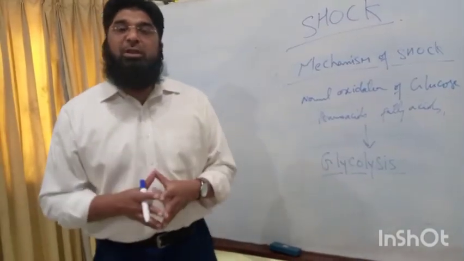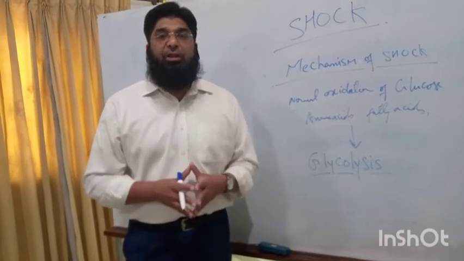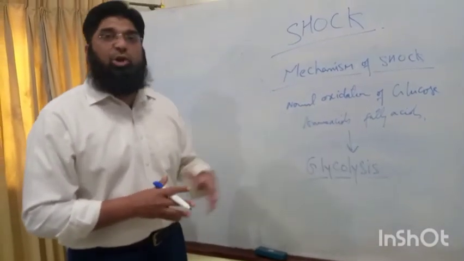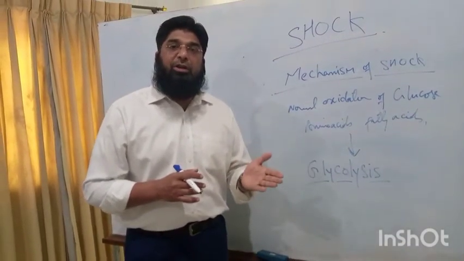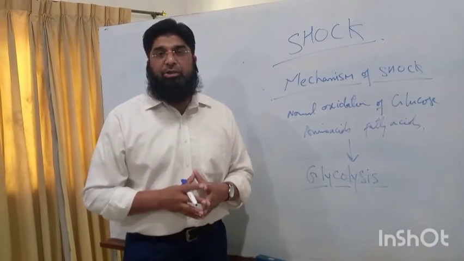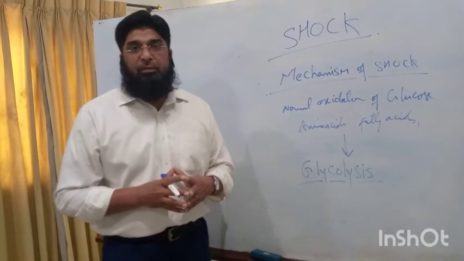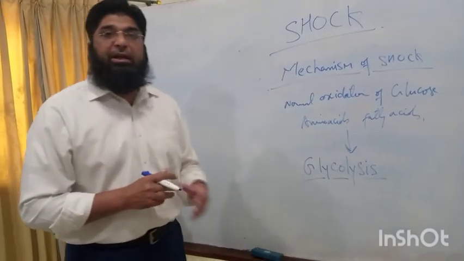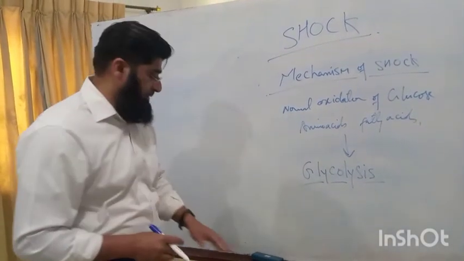Students, under normal circumstances, this pyruvate enters the citric acid cycle. But here we have a condition of hypoxia, so pyruvate is converted into lactate, and lactic acid accumulation, which is the hallmark of hypoxia. So as a result, there is lactate accumulation or lactic acidosis in the cells.